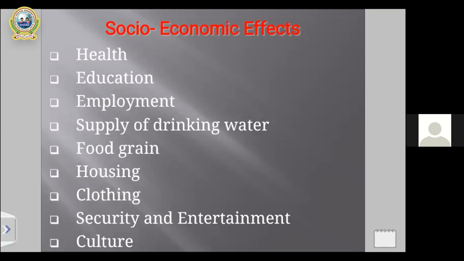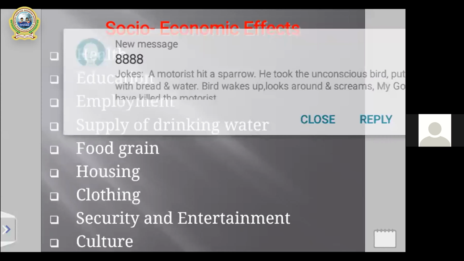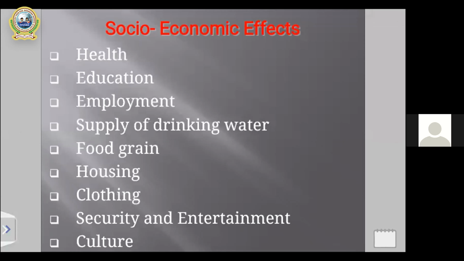But because of rapid population growth rate, it creates different social crimes in our society. Different crimes happen because of lack of security, and that happens because of rapid population growth rate.